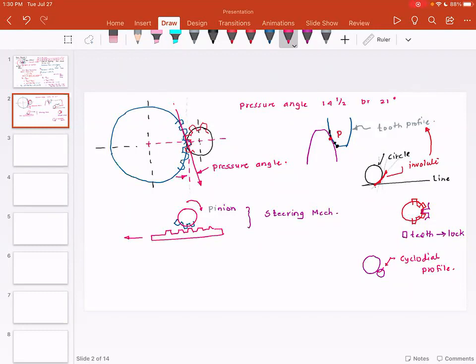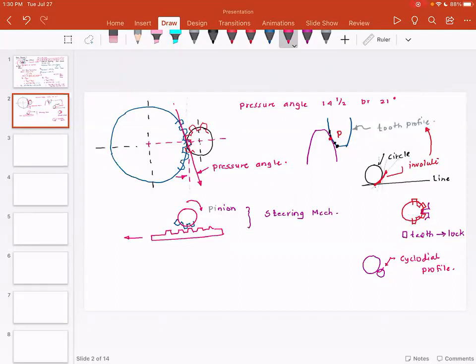You would observe that when you have friction wheels coming in contact, the point does not translate on the profile. In this case of gear transmission, the contact actually gets translated over the profile. But no matter what, that point of contact must lie on the line of center.